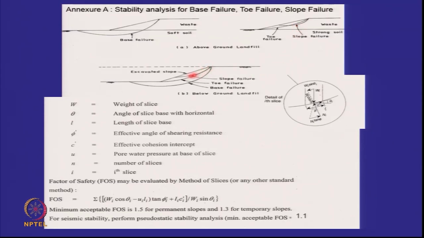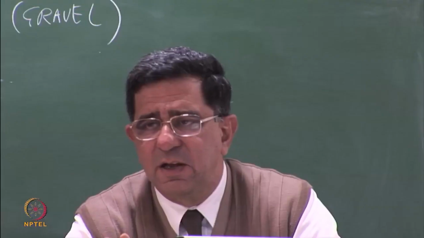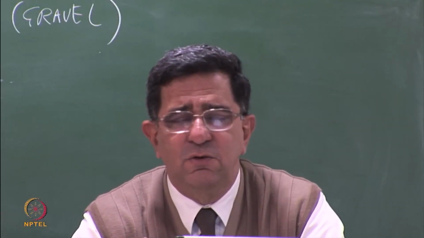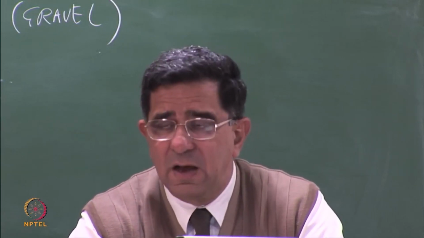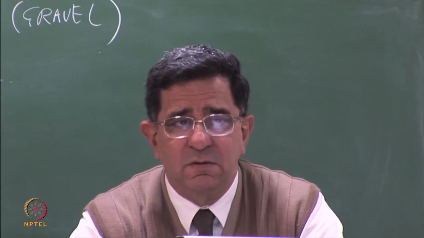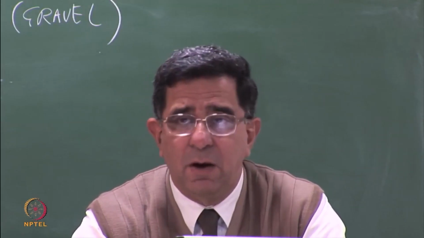And if I have made an excavated slope, I can have slope failure, toe failure, and base failure. And you have to use the method of slices. There is no change in the way you do slope stability for either the waste mass or the soil mass, but you need the engineering properties.